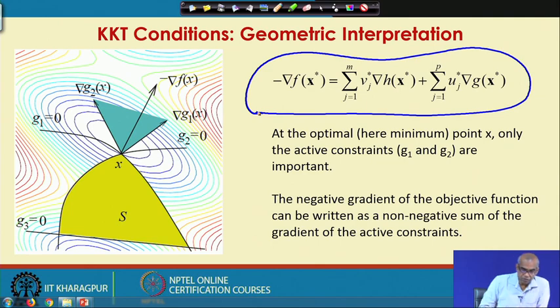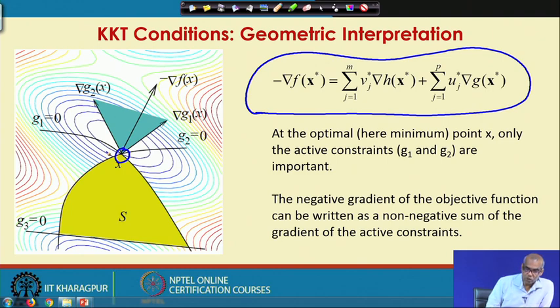Consider the figure. There are contours of the objective function. We are minimizing a function and x is the minimum point.